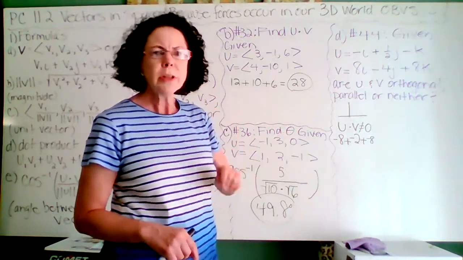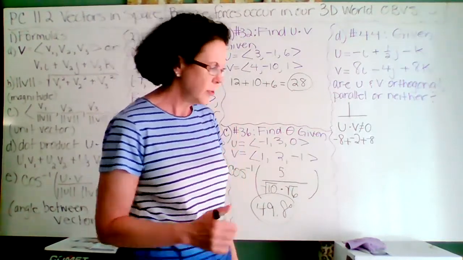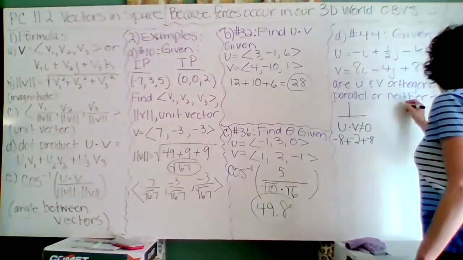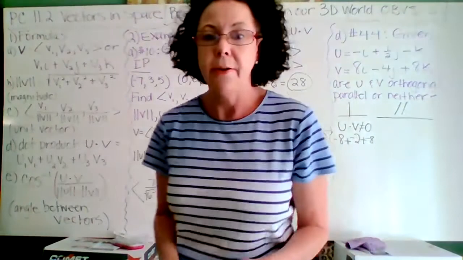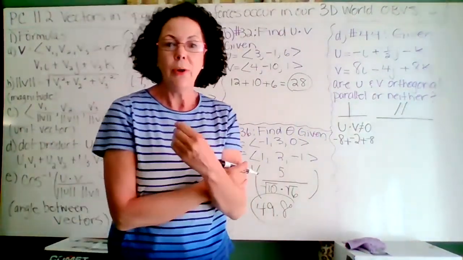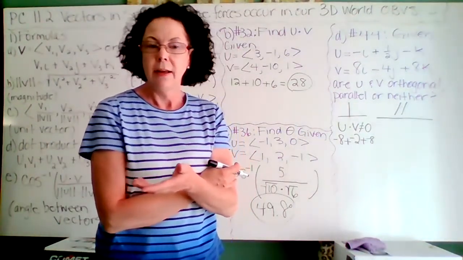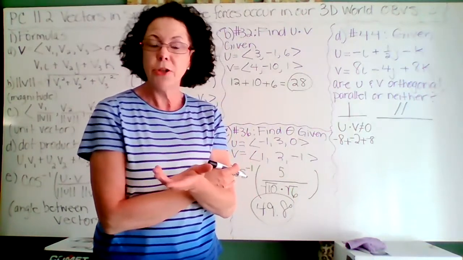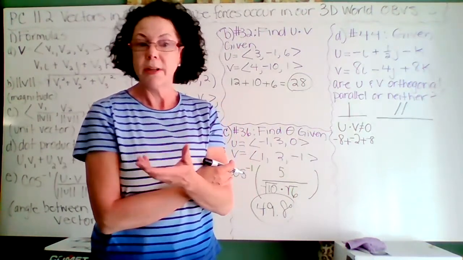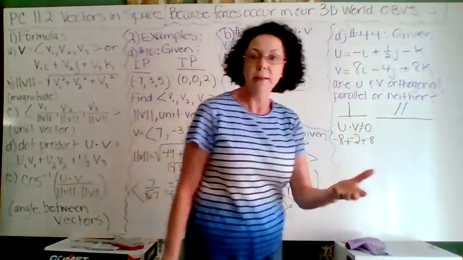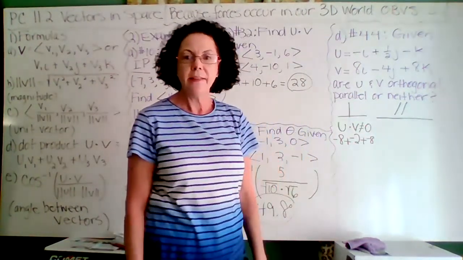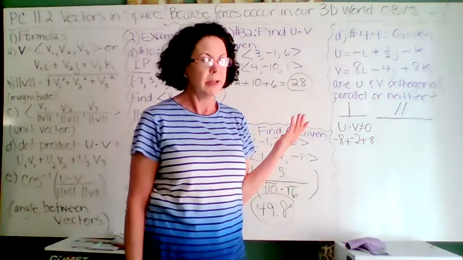So how do you do the slope formula when you have 3 dimensions? So really what's going on here, in 3 space, 2 vectors will be parallel if they go in the same direction, but their magnitudes are the same or different. So if these 2 vectors were in the same direction and they had the same magnitude, they would be equal vectors.